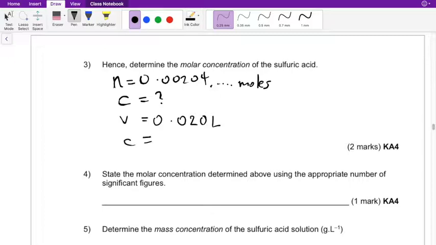Therefore, concentration, if we just think about our triangles, n equals CV, therefore C equals n over V. However you remember how to do that equation is fine with me, as long as you get it right.